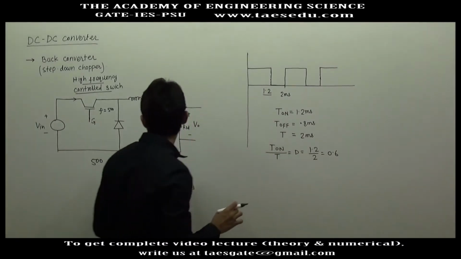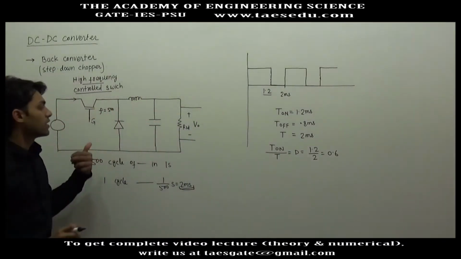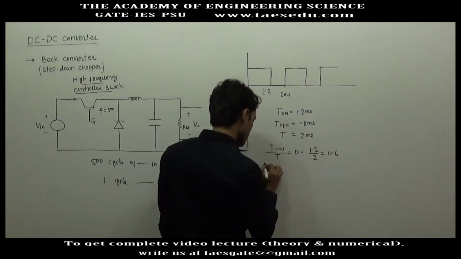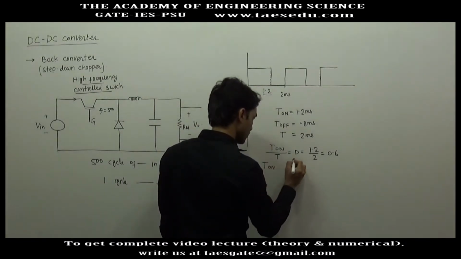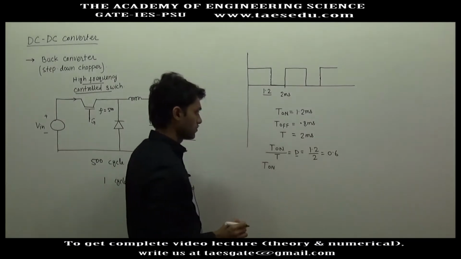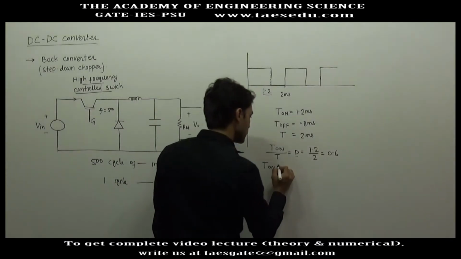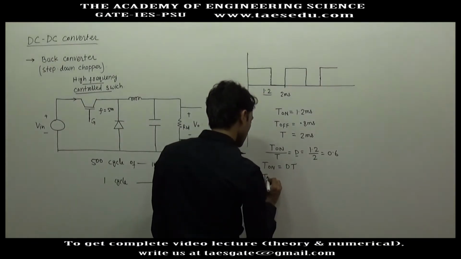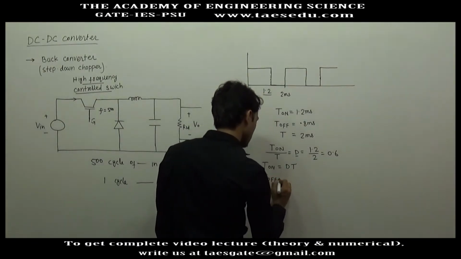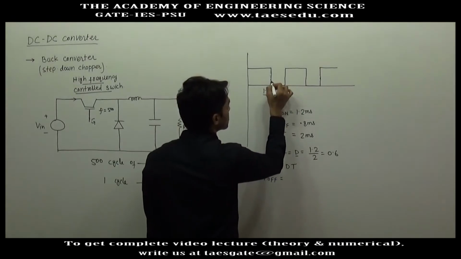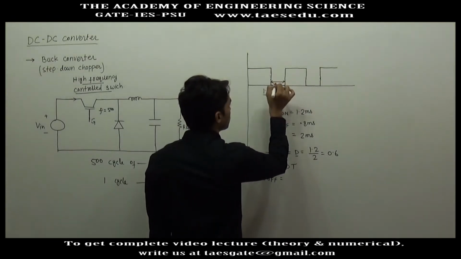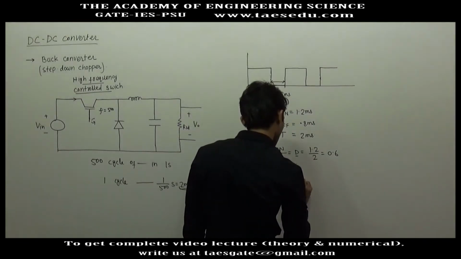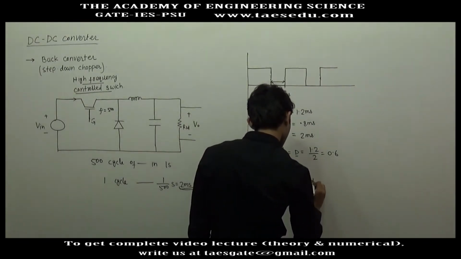When I derive the input-output relationship in this circuit, we will often be required to represent T on in terms of duty cycle. So T on will be duty cycle into T. Similarly, what will be T off? This is the duration T off. T off will be total time minus T on.